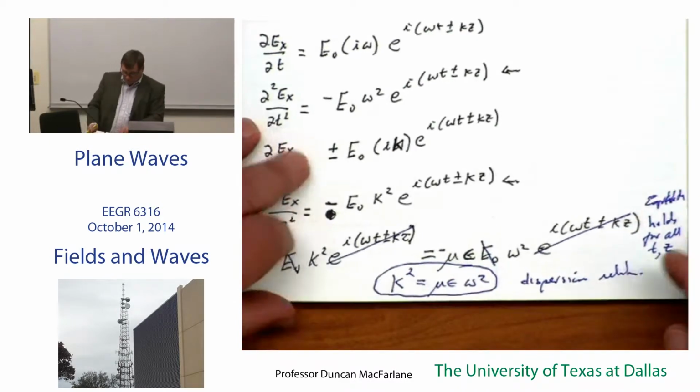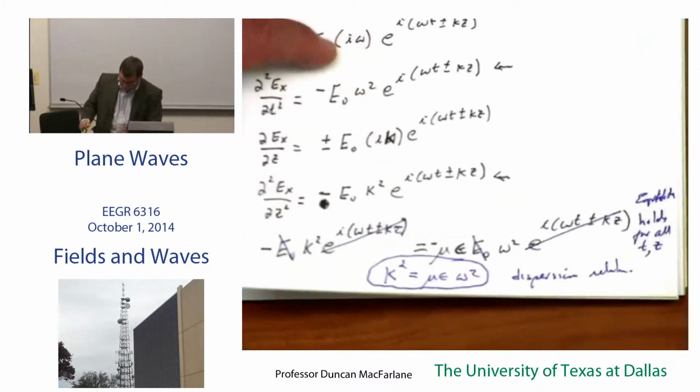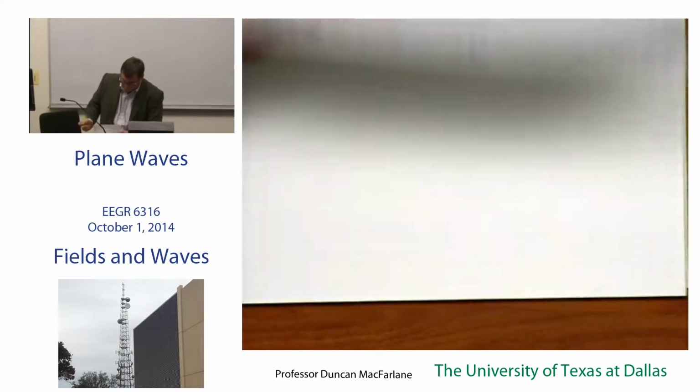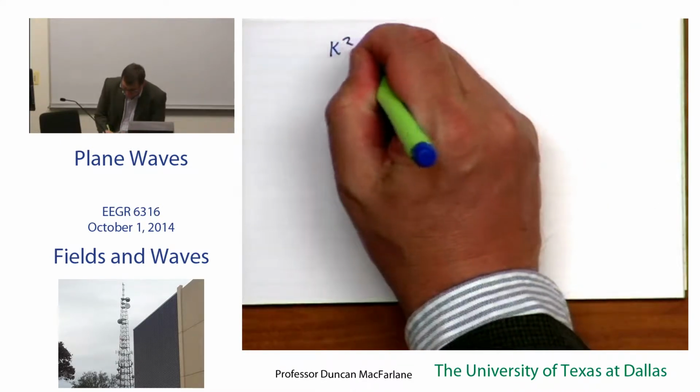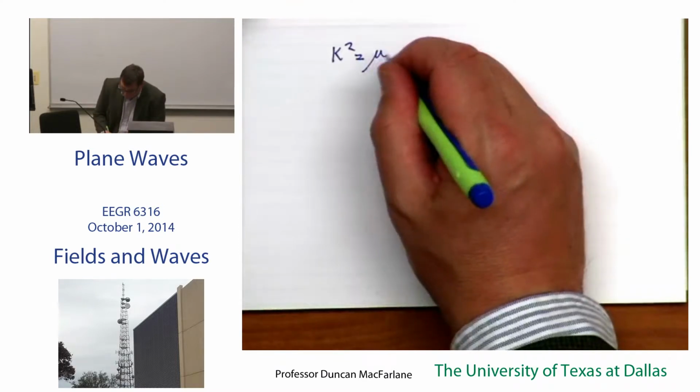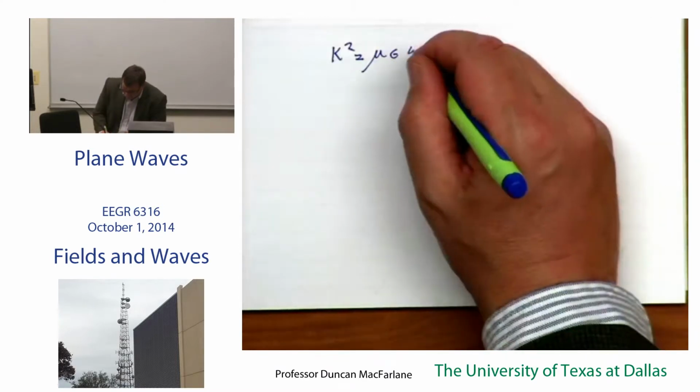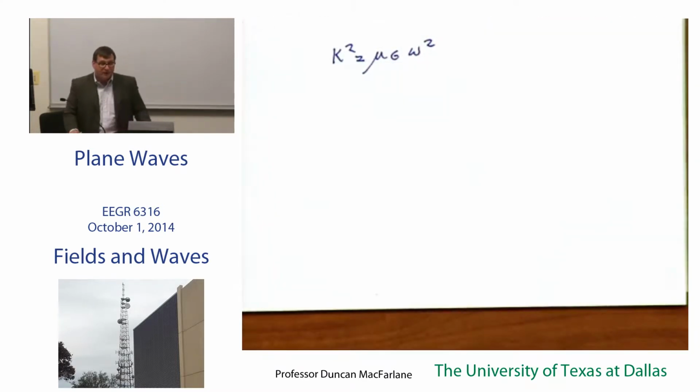And notice what this equation is. This will be the beginning of my lecture today: k squared is equal to mu epsilon omega squared. Okay? Now, very simple equation, 4 characters in it, and a couple of quadratics. The quadratics, of course, come from the second derivatives.